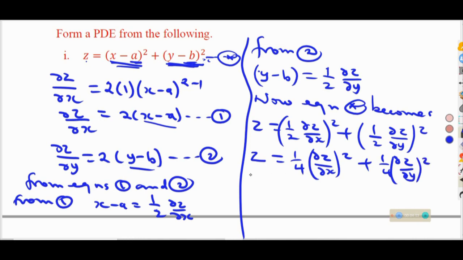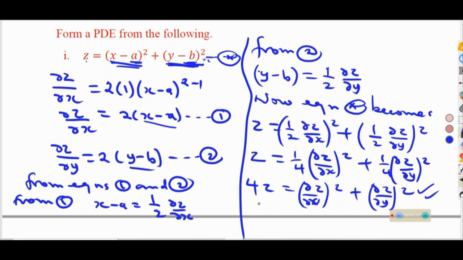So someone can multiply through by 4 to get 4z, which is equal to del z del x, the whole of this squared, plus del z del y, the whole of this squared. And this will be a partial differential equation that is not containing a and b.